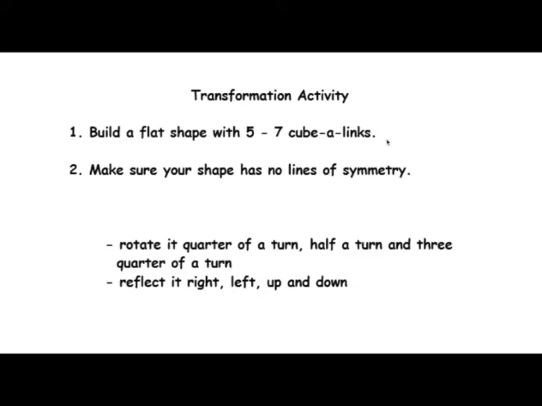So this activity you can't really do at home because you don't have cubes, but if you have something else that you could link together, you could try to rotate it, reflect it, slide it across, and maybe teach someone at home about these 3 things as well.